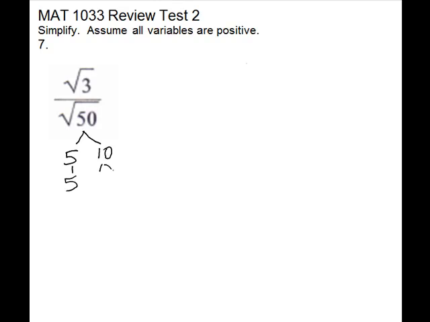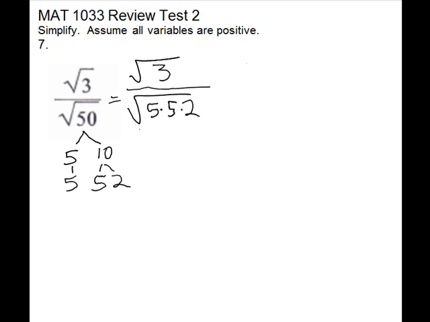And just keep breaking. And now you can take out a 5. This is really your square root of 25. So you are taking a 5 to the outside. The 2 is going to stay underneath.